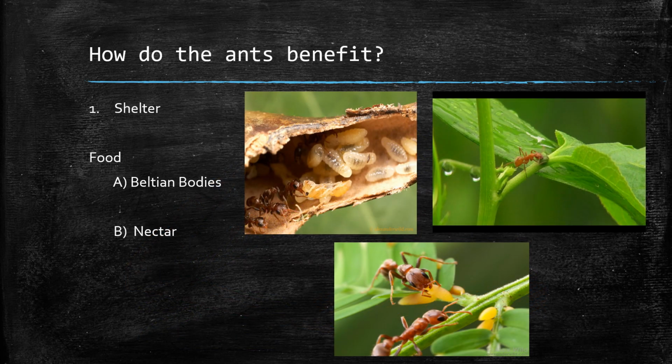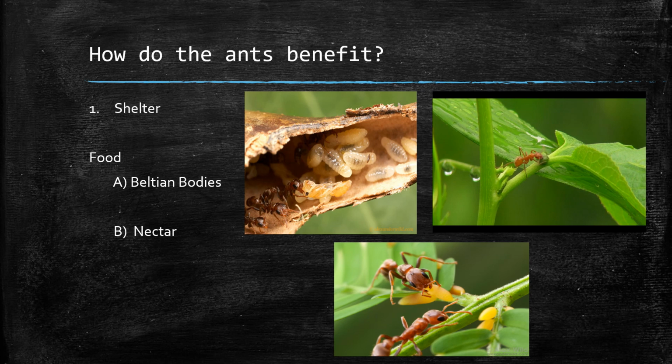How do ants benefit? In this mutualistic relationship, benefits outweigh the cost. So, first thing is shelter. The ants hollow out the thorns and live in them. These shelters are called little houses.